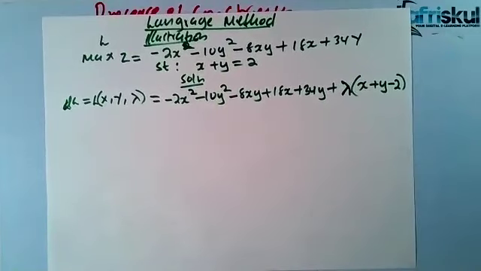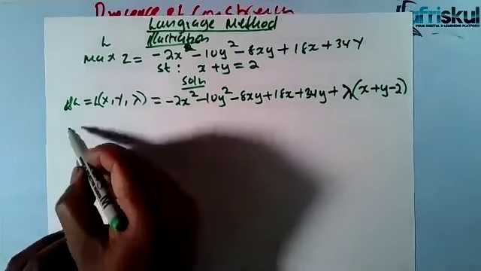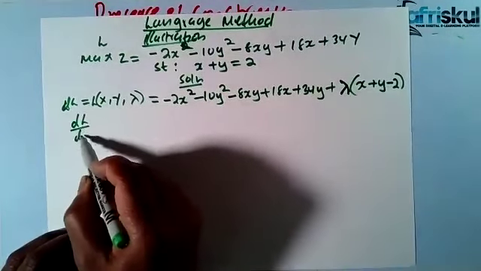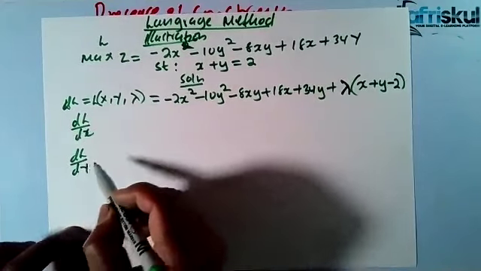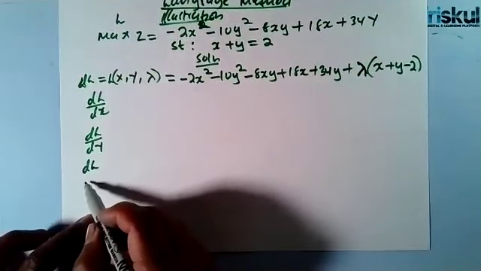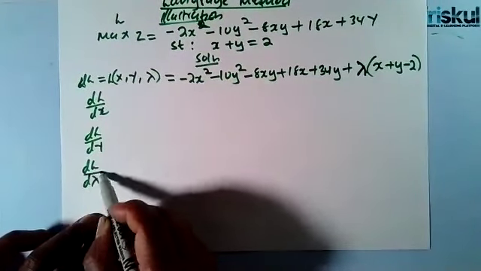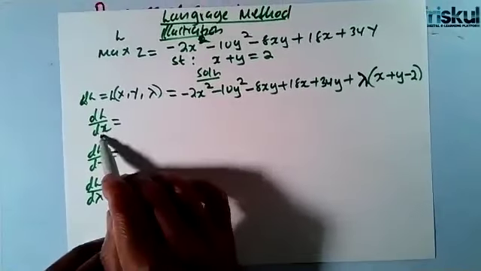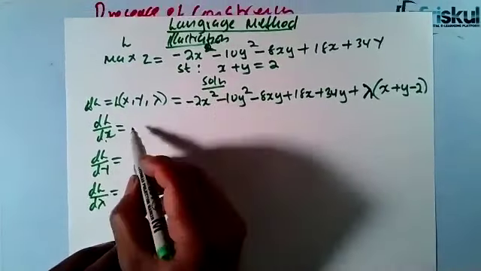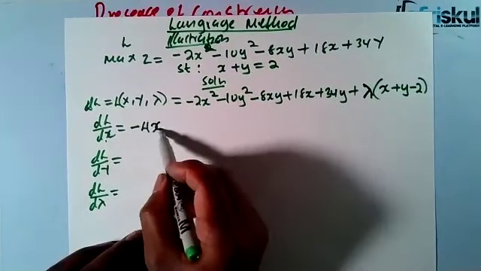Now from there, we need to differentiate. You differentiate the Lagrangian with respect to x, you differentiate it with respect to y, and then you differentiate it with respect to lambda. So how does it go? Let's start with x. 2 times 2, so it will be negative 4x.